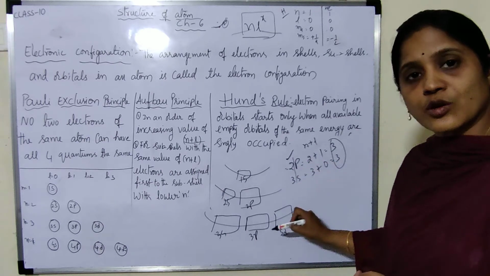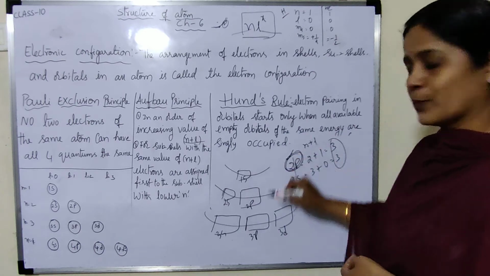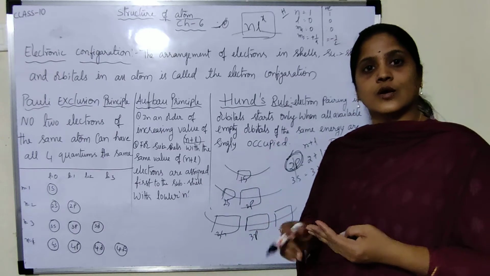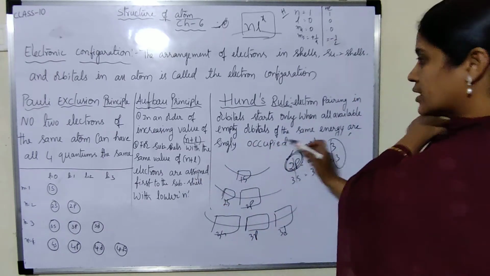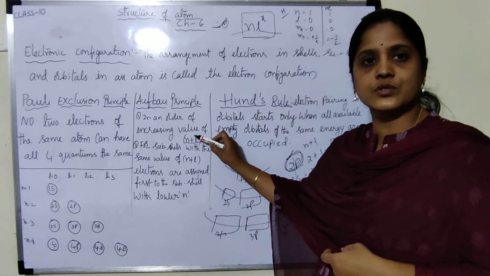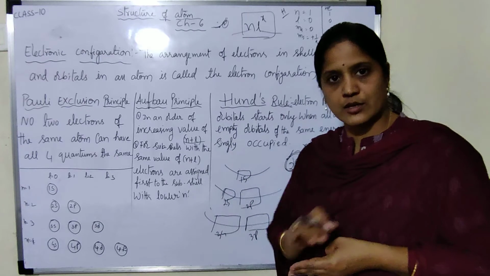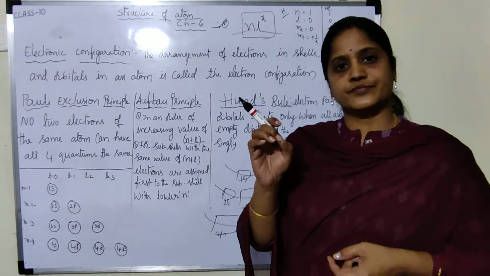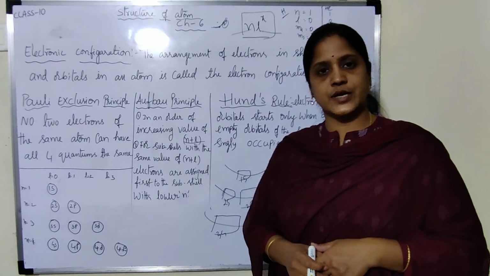Which is the lowest? 2. So first you have to fill 2p, then go to 3s. So while you are filling the electrons in an atom, by using the n plus l values, if you get the same values, give importance to the lowest principal quantum number. Understand?